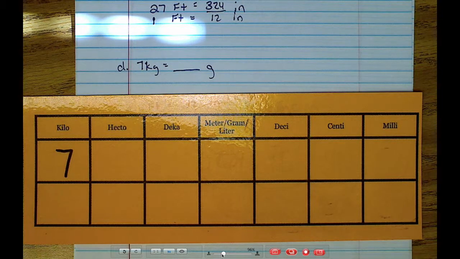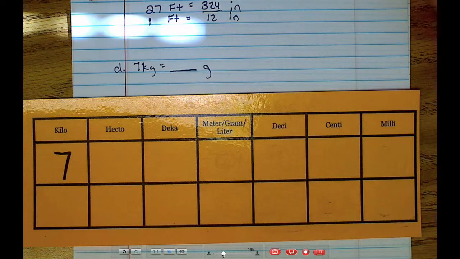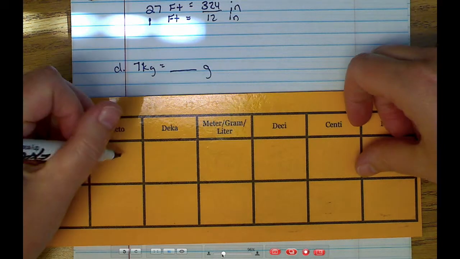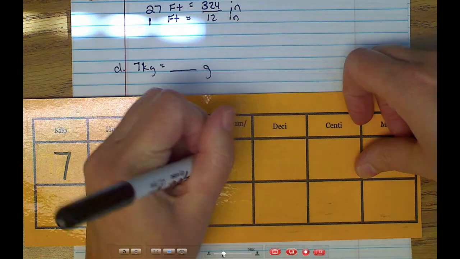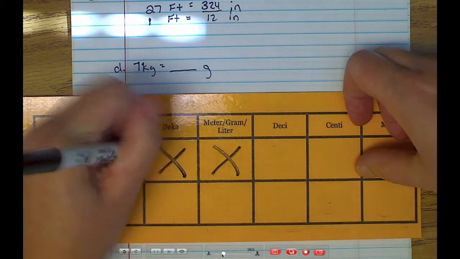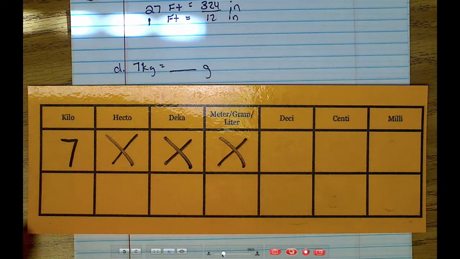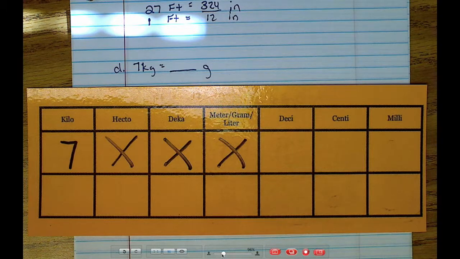And what's our goal? We're trying to get to grams. So here's grams right here. How many places away is it? 3. So how many places am I going to move my decimal? 3.